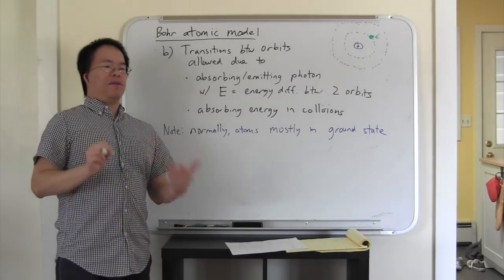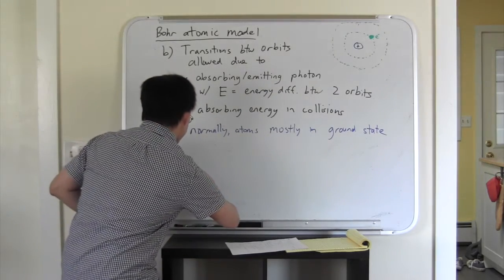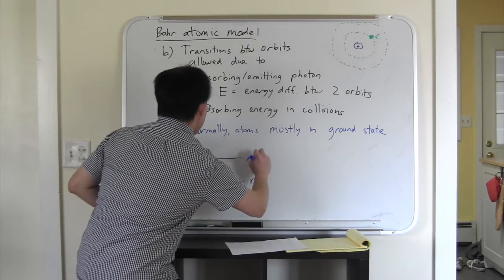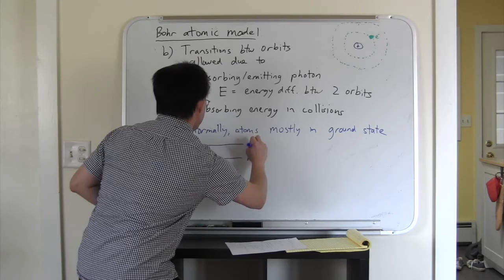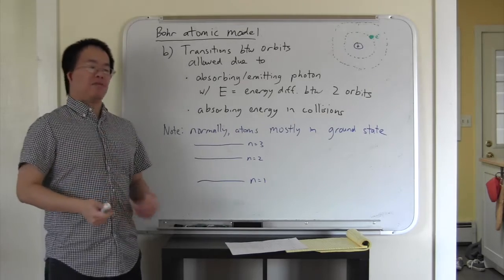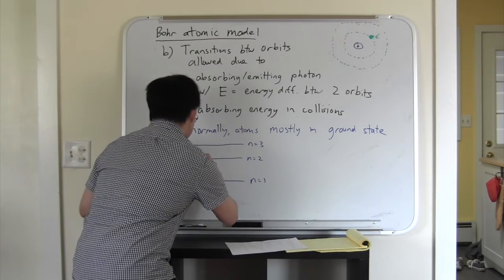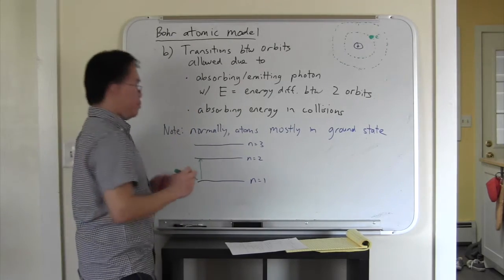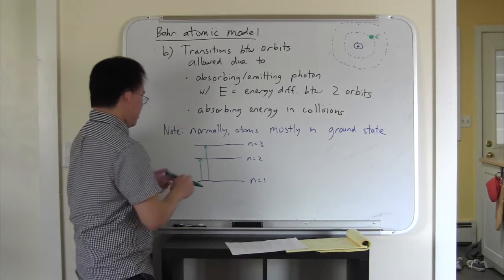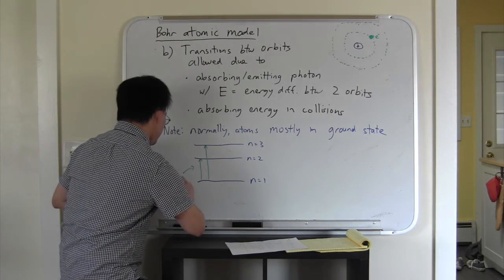So in a hypothetical energy level diagram, let's call this n equals 1, n equals 2, n equals 3. In an absorption spectrum, you would see transitions corresponding to the following: going from 1 to 2, or from 1 to 3. So these are seen in absorption.